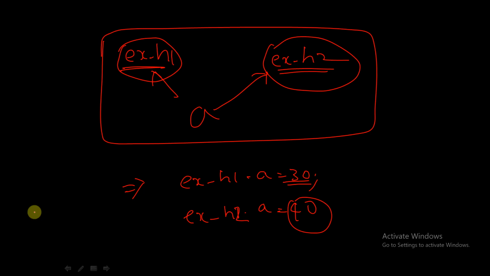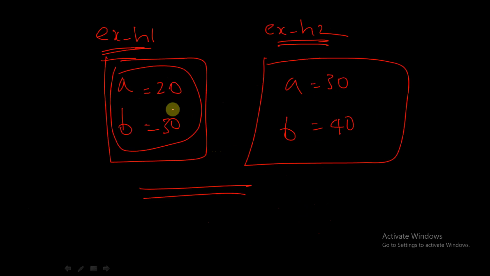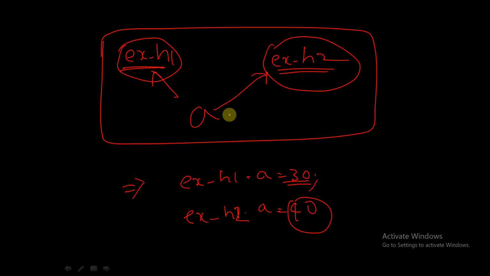Since we have declared a as a static property, instead of a being created locally in the two objects as in the previous example, a will be shared between the two objects ex_h1 and ex_h2. Any changes made to property a will be reflected in the other object also.